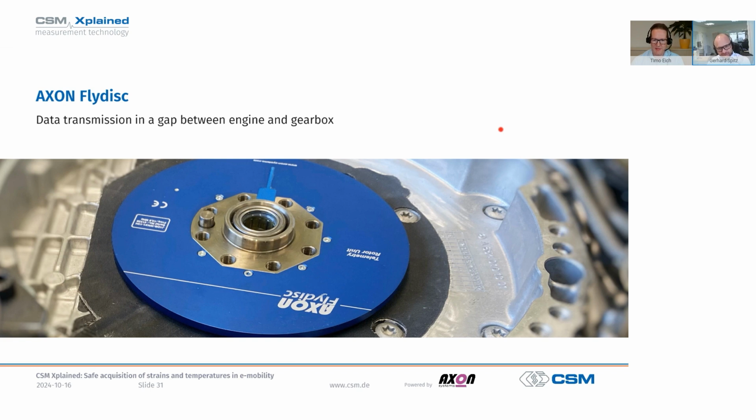If you see there, the blue part is the rotating part. This is the fly disc itself. It contains all the electronics. It contains the rotor antenna and everything. You just connect your strain gauge. In that case, the strain gauge from the engine was connected. So this is the blue part. And if you have a closer look at the black part beneath, this is a really very thin laminated stator antenna.